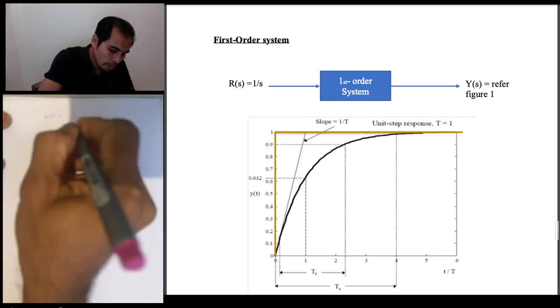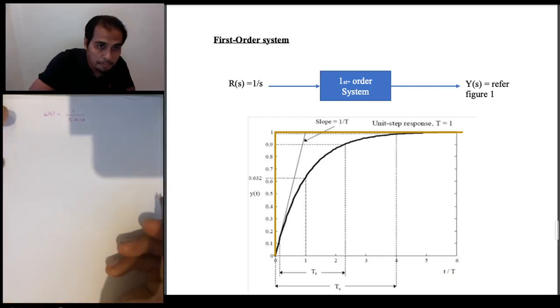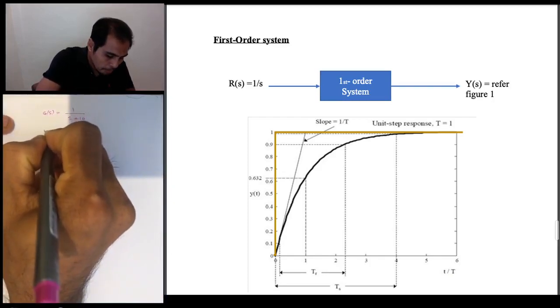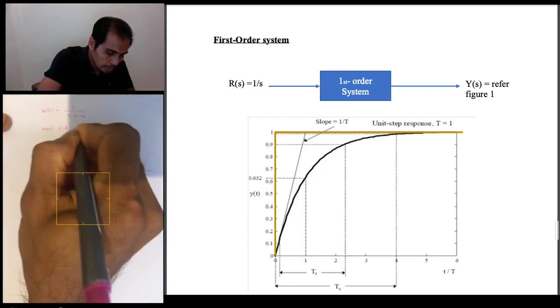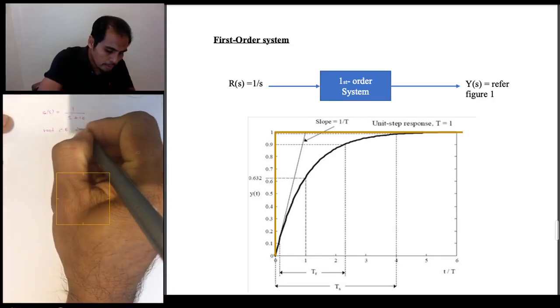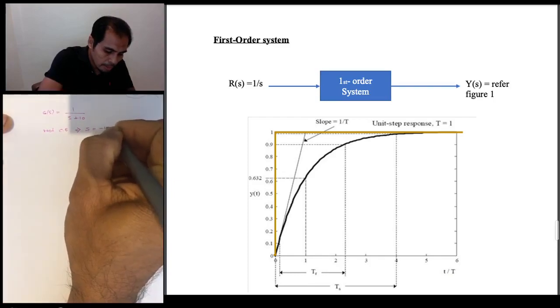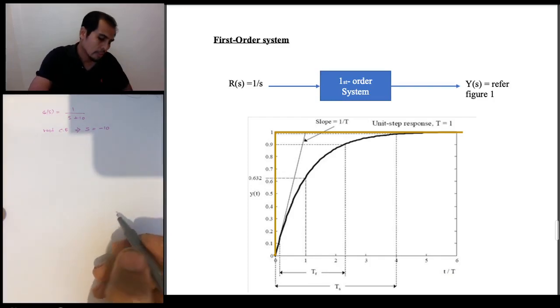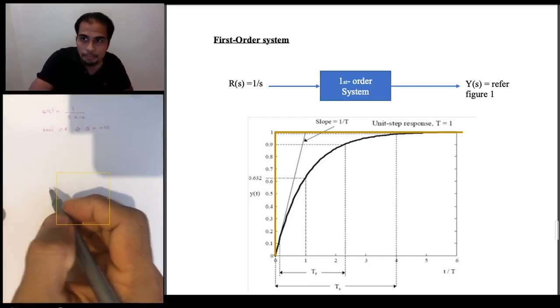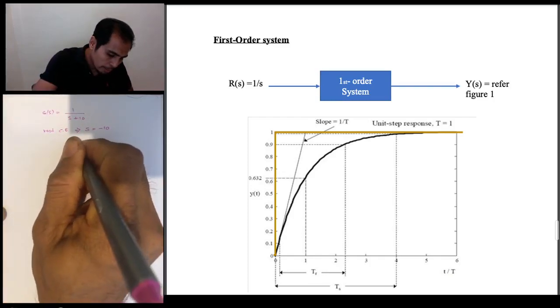So we need to find the roots of the system, which is the root of the characteristic equation, S equal to minus 10, right? That is the root. Okay, then we plot on the S plane.